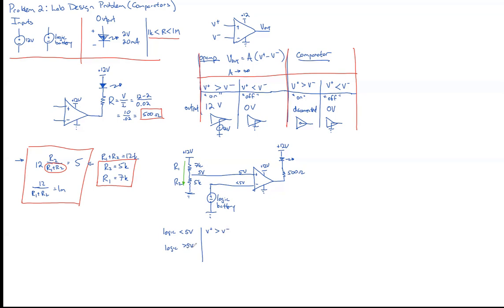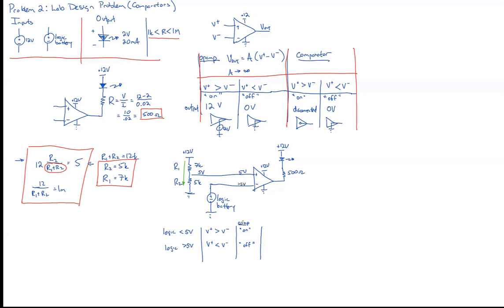If the logic battery is okay, then our V plus would be less than V minus. So this is saying that the comparator is in the on version. If the logic battery is greater than 5 volts, it would be in the off version.